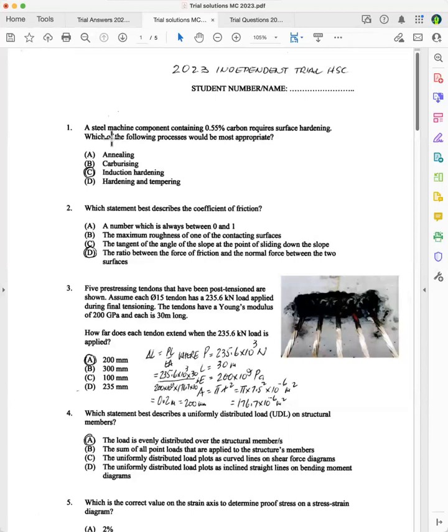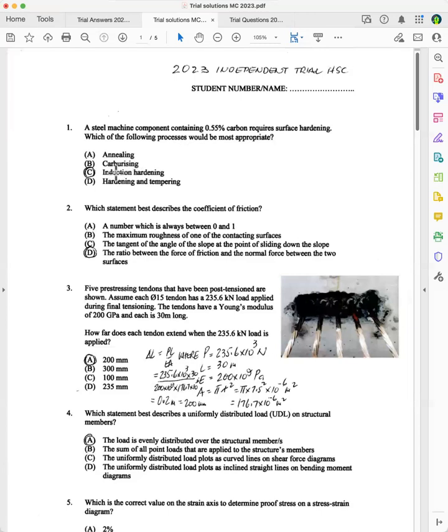Question 1, steel machine component containing 0.55% carbon requires surface hardening. Which of the following processes would be most appropriate? 0.55 means that it's got sufficient carbon to provide a case harden, and you don't have to add carbon to it as you would with steels below 0.3%, and so you can't use carburizing, or you don't have to, because it's got sufficient carbon there.